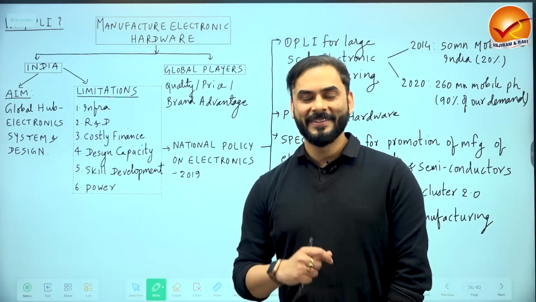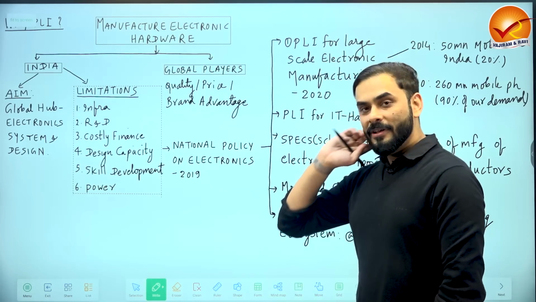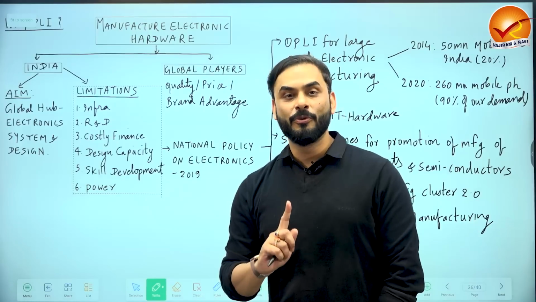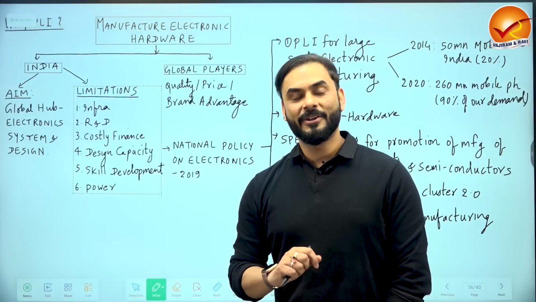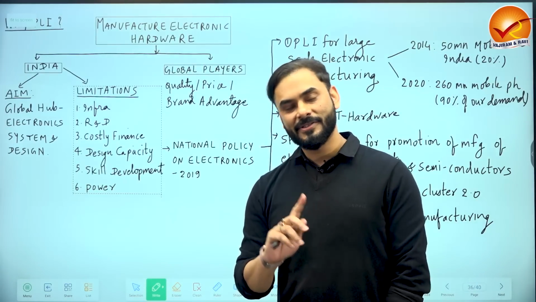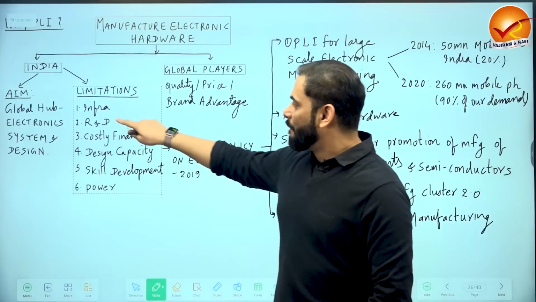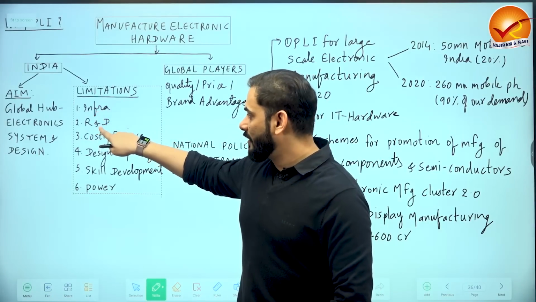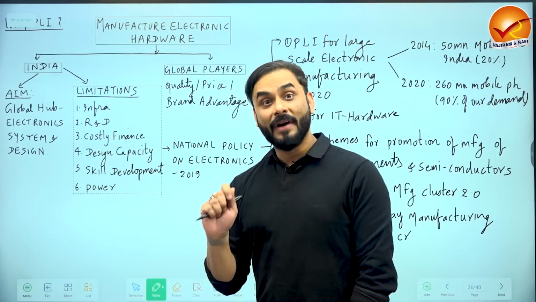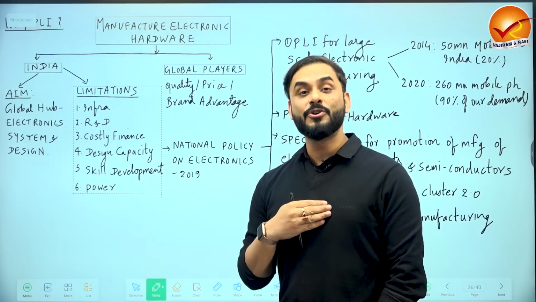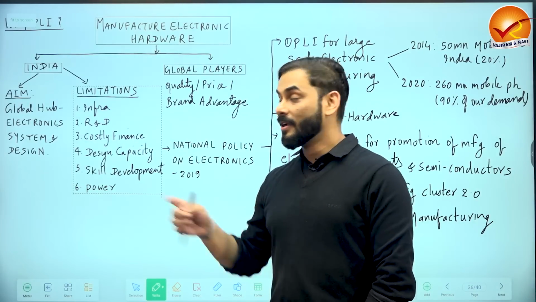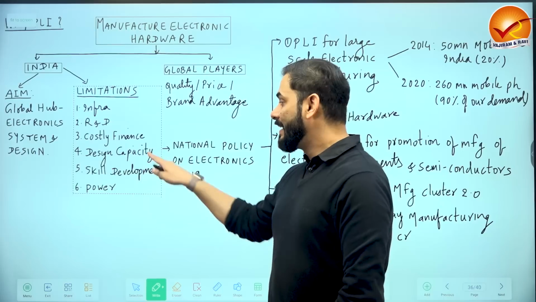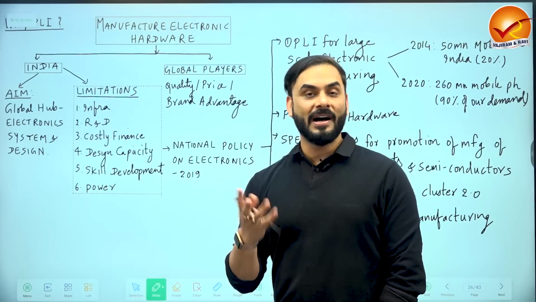Computer keyboards. Now, we could not become a global manufacturer of electronics. We are not the leading players. Why? Because of lack of infrastructure, lack of R&D, finance is very costly. If I want to start an electronic industry, I need money. The design capacity is not there, which means R&D is not there.